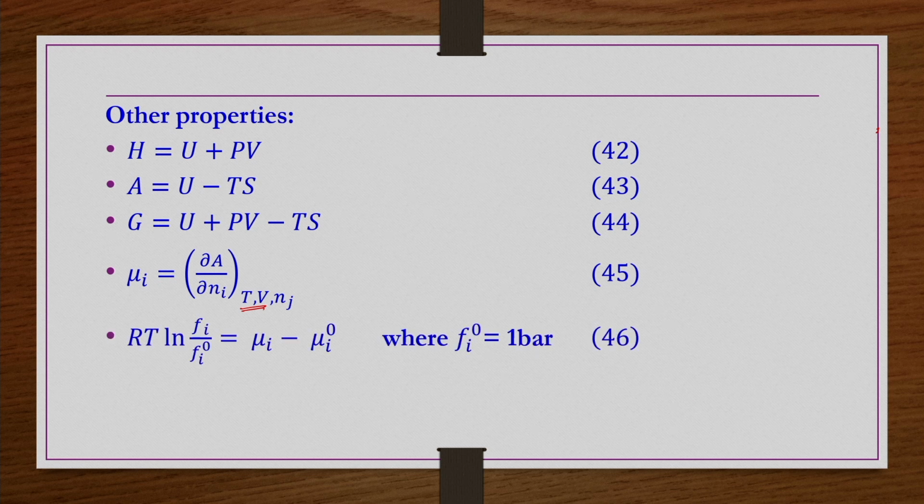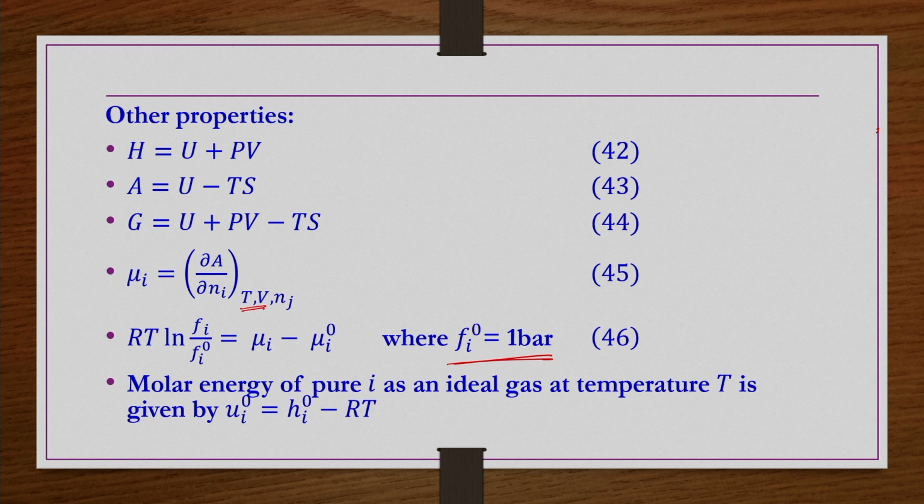And then RT d ln f_i is nothing but delta mu_i, that is mu_i minus mu_i naught, and then f_i naught we are taking as a reference of 1 bar. The molar energy of pure i as an ideal gas at temperature T is given by U_i naught is equal to H_i naught minus RT. So, once you know the internal energy U and then entropy, you can calculate all these properties without any difficulty.